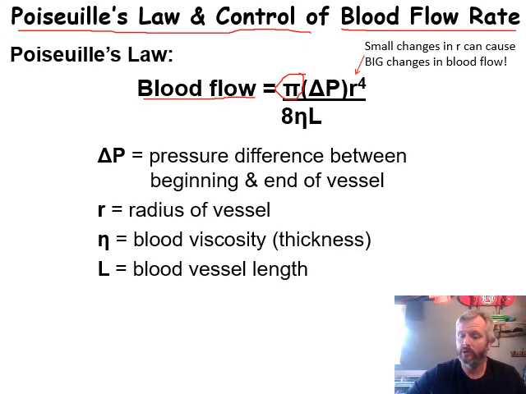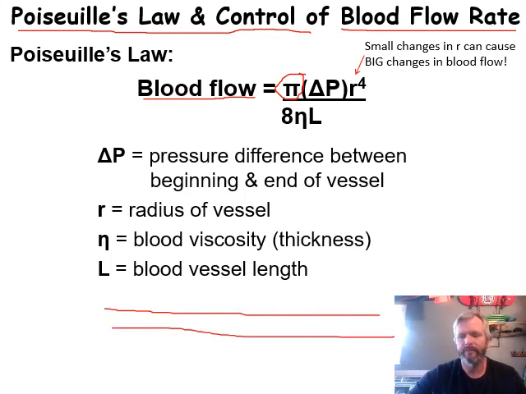So since we're looking at blood flow through a vessel, the change in pressure has to do with what is the pressure at the beginning of the vessel and pressure at the end. And we'll say P1 and P2.